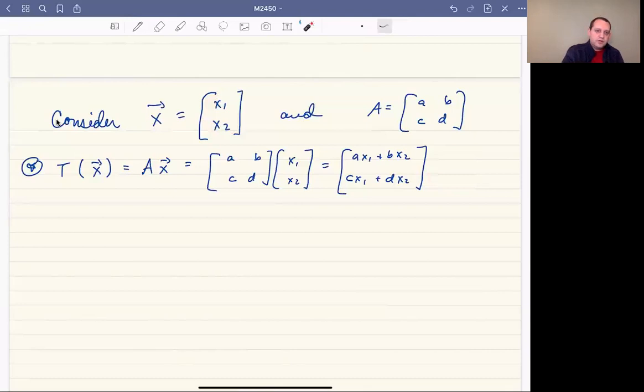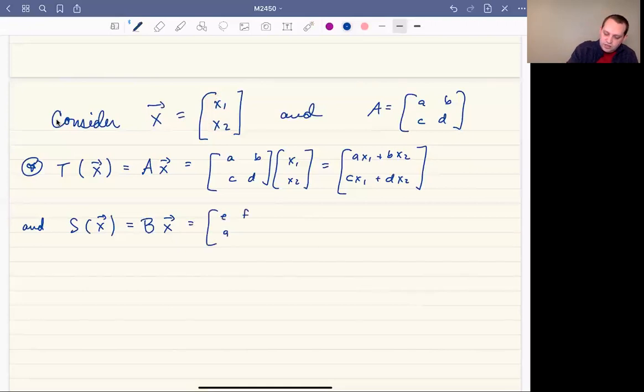And let's say we have this operator T, and let's say we also have another operator S. And S is going to be multiplication by the matrix B. And B will be the matrix, let's say, E, F, G, H. E, F, G, and H are just generic constants.